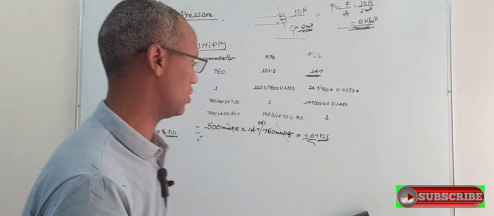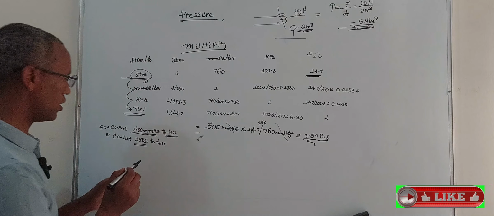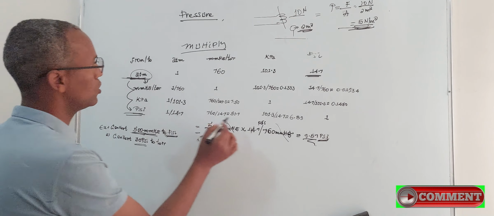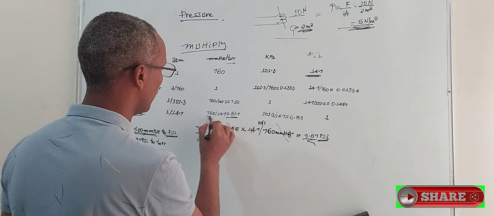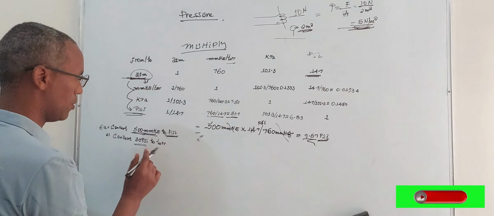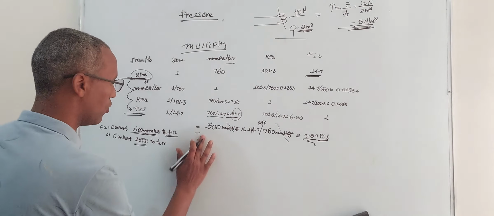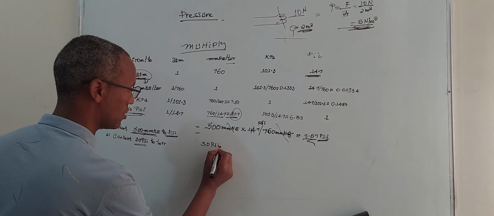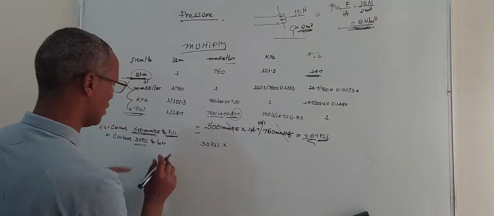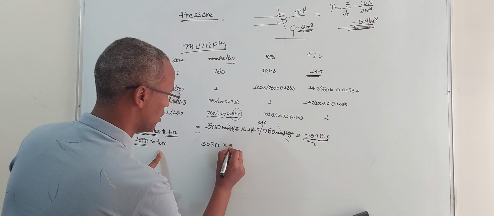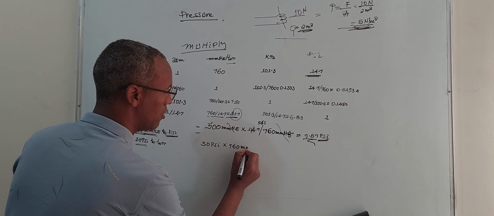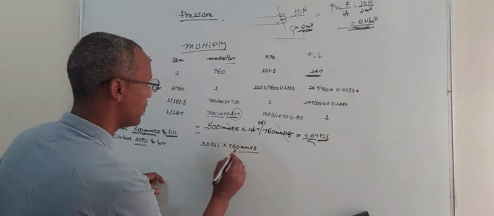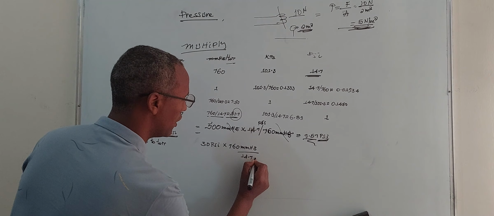Okay, and then if you want to convert psi to torr, you need to multiply with this guy basically. So let's say 30 psi multiplied with 760 millimeter mercury upon 14.7 psi.